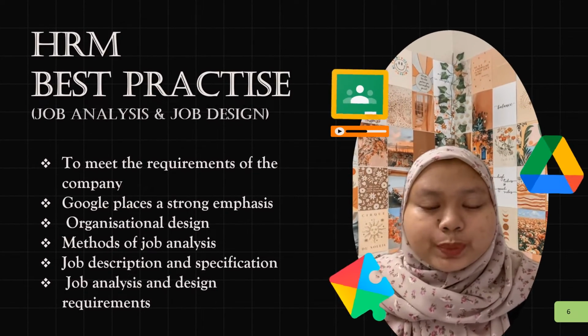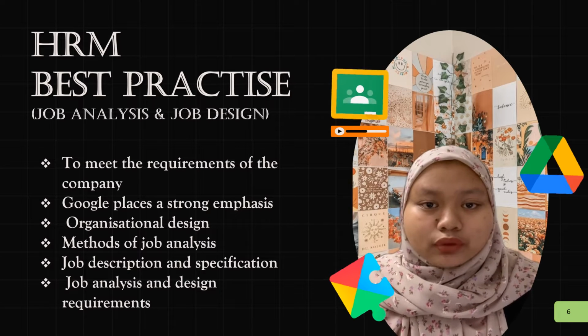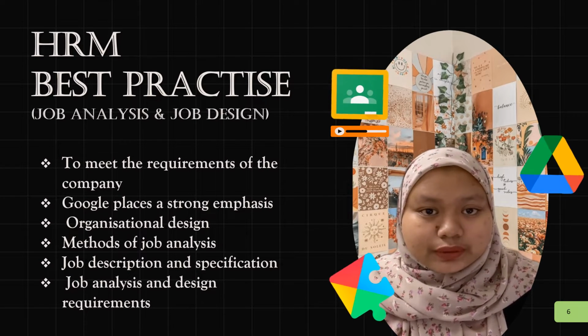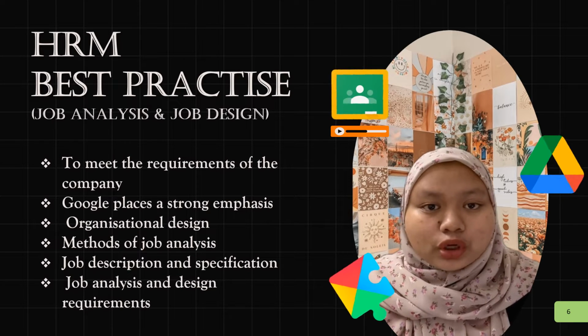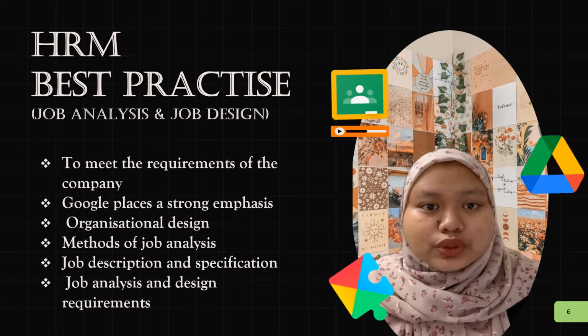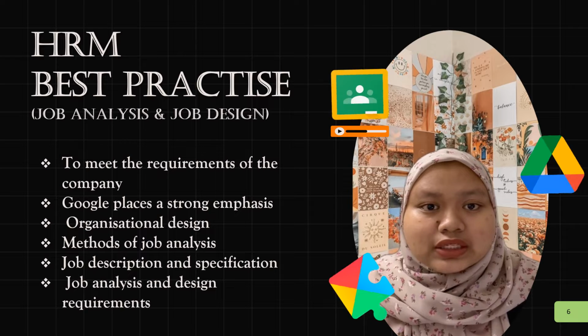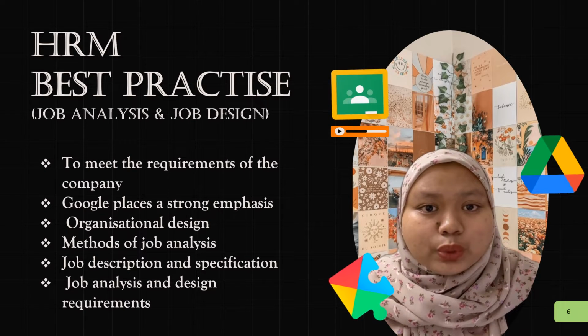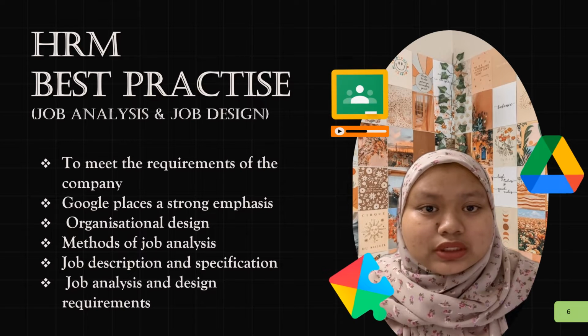Google's human resource managers face a number of important issues as a direct result of the company's diversification. Google employs a variety of tried and true approaches to job analysis and design, including those for positions in the operations and administrative areas. Google uses methods of job analysis very infrequently for occupations that require considerable interpersonal skills.